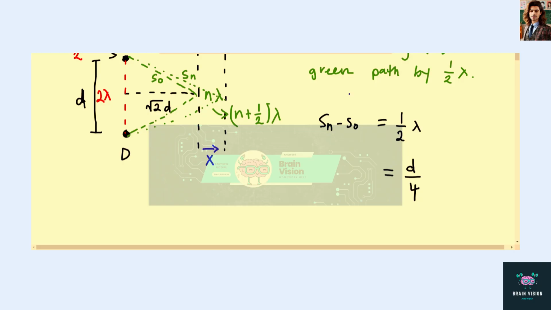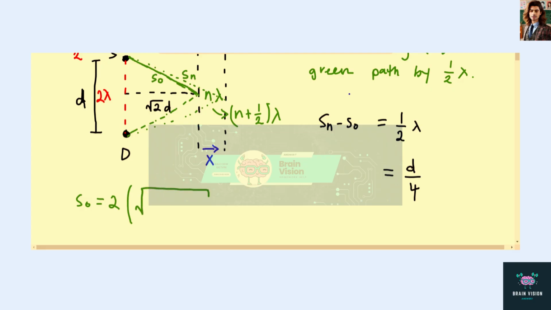Now I can write an equation for Sn and S0 based on what I know here. Let's start with S0. That's going to be 2 times, because I've got 2 sides of this triangle here, and then we'll just do the Pythagorean theorem.